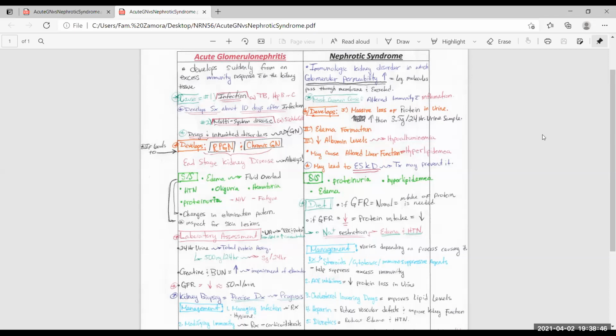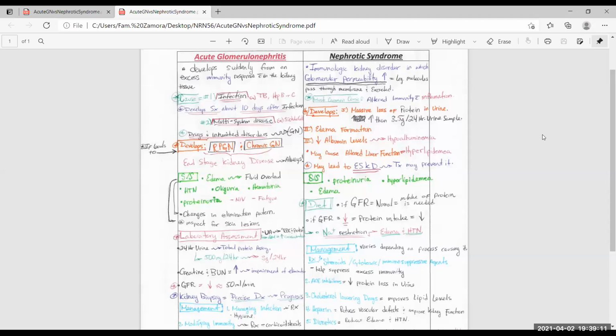The symptoms, according to Iggy, usually develop about 10 days after the infection. Another cause could be multi-system diseases such as sickle cell. It's also known that drugs and inherited disorders can cause GN. If the client develops RPGN or chronic GN, it's usually going to end in end-stage kidney disease.